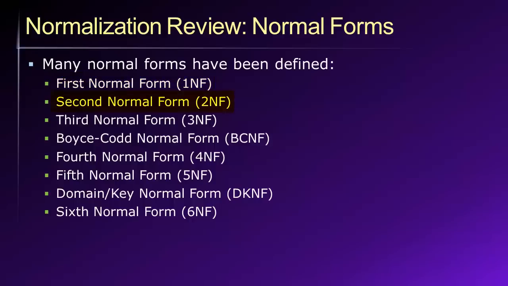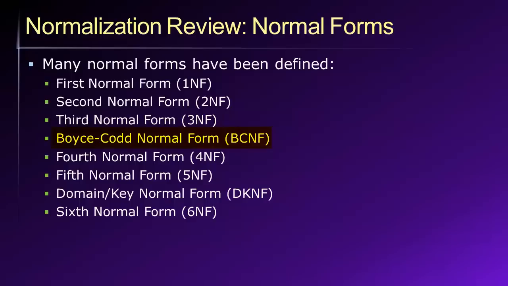If we take our table in first normal form and we remove any partial dependencies, then the table meets the definition of second normal form. If we further remove any transitive dependencies, then our table will meet the definition of third normal form.